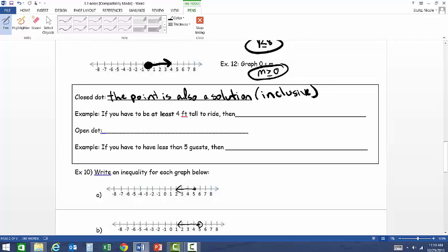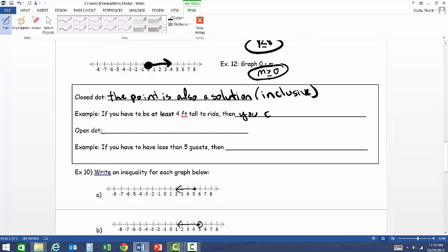So let's talk about what that means. Solutions are numbers that work, numbers that satisfy the problem. So if you think about going to Hershey Park, you see the Hershey Bar guy standing by a ride and he says, you must be at least this tall or at least 4 feet tall to ride. Well then if you are 4 feet tall, you made the cut, you can go on the ride.